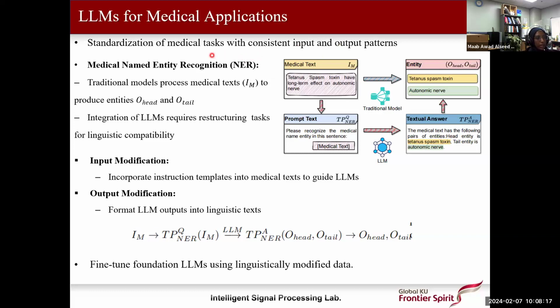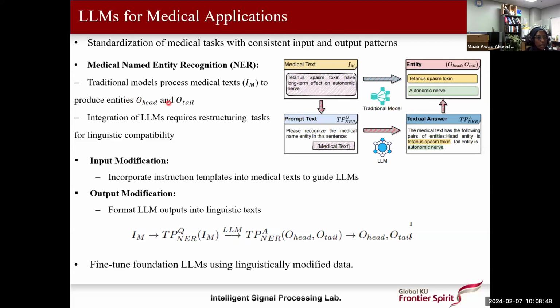For example, if we have medical named entity recognition, with traditional models, not large language models, the input will be a medical text, and the output will be expected to be the head and the tail, which determine the head and the tail of the entity.